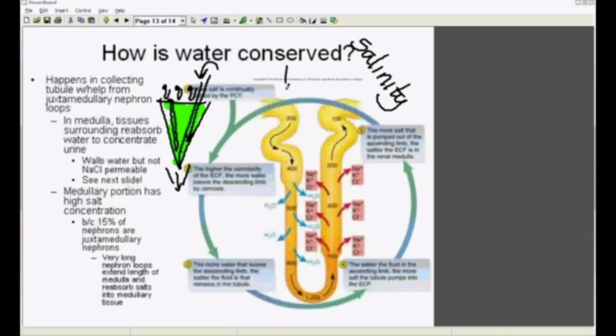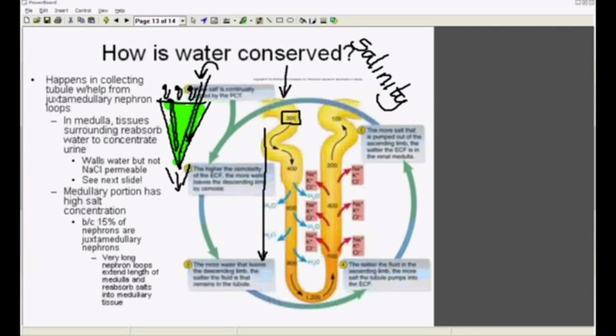Now I want to take a second and just look at exactly how it is that we make this very saline environment. And imagine I'm looking at one of the nephron loops from one of these juxtamedullary nephrons. This is one of those long nephron loops that dips way down into the renal pyramid. On the way down, let's say I have a solute concentration value of 300.